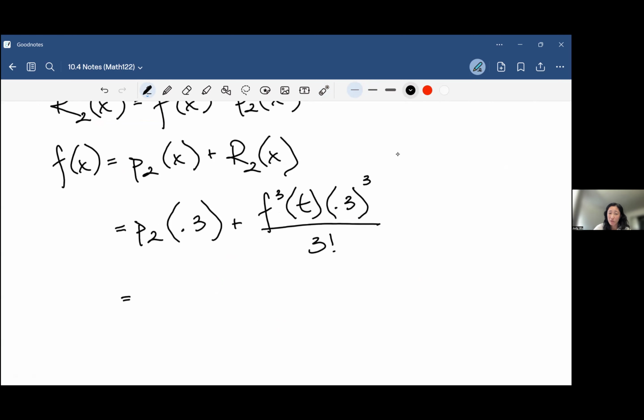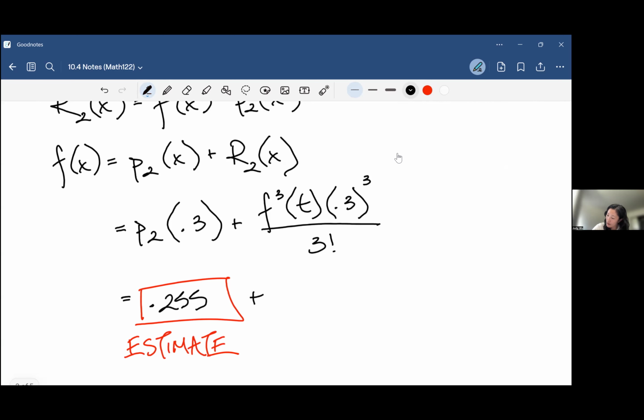We know that our P2 of 0.3 was 0.255 from above. So this is our estimate, plus whatever we get over here is going to be our error. How far are we from what we actually want?